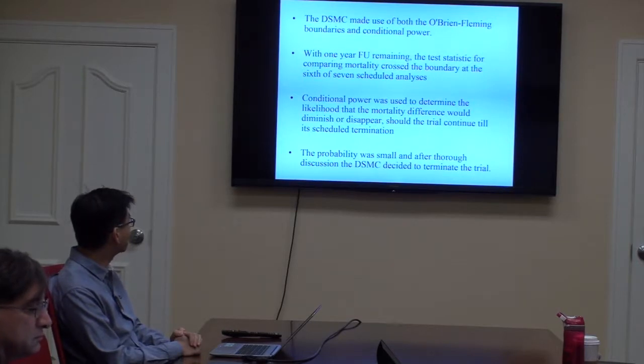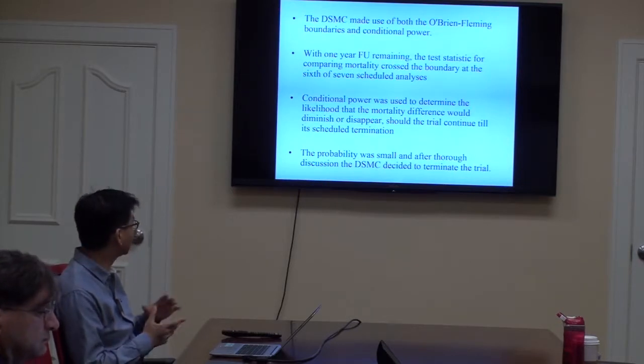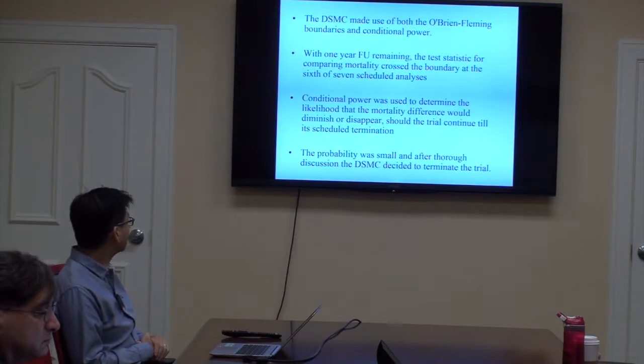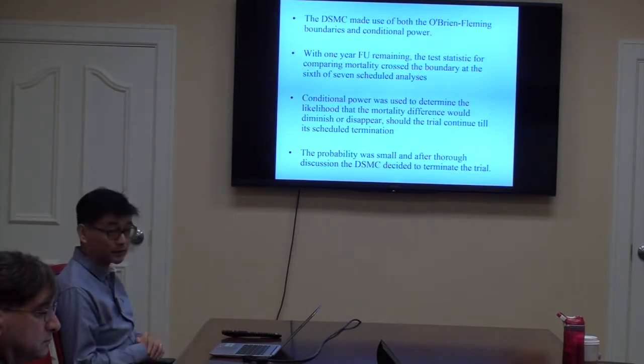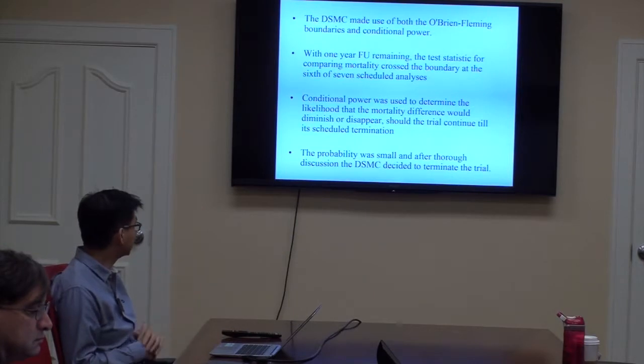And the evidence is augmented by the calculation of conditional power, which I'm going to talk a little bit about later in context. So the DSMB decided to stop the study for efficacy. They published the result and said that this beta blocker is something that we want to use.